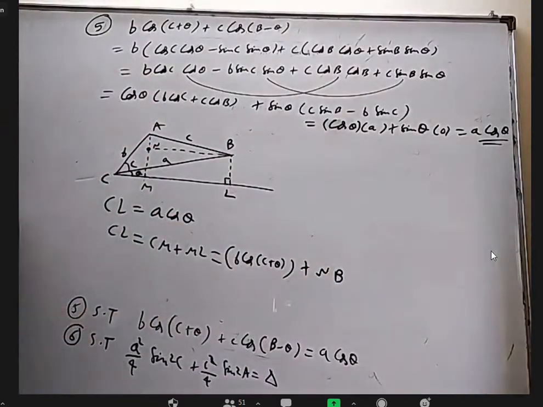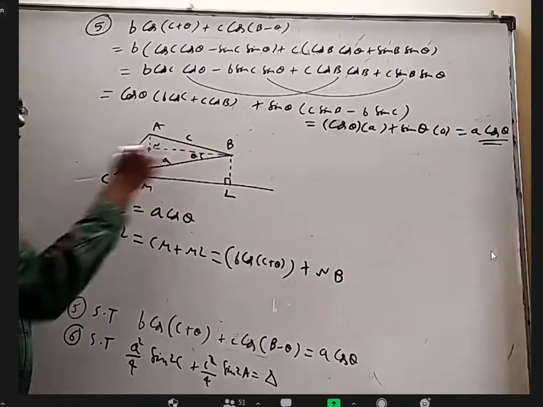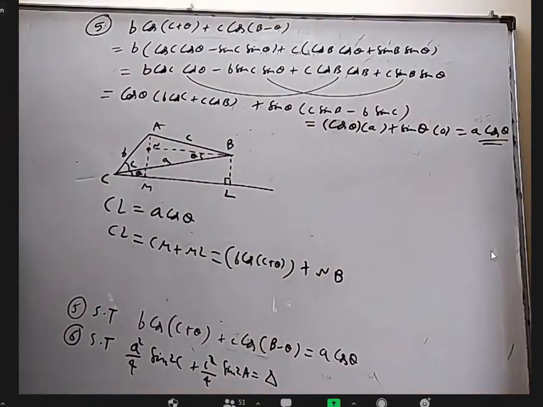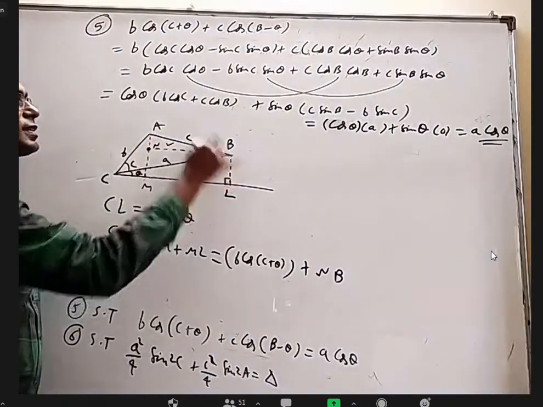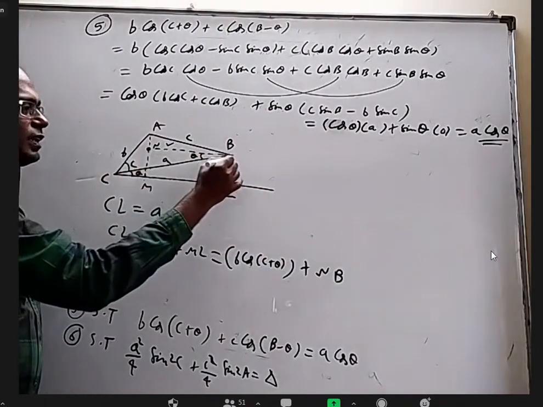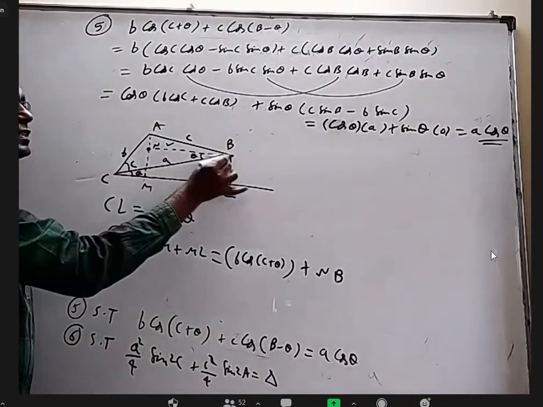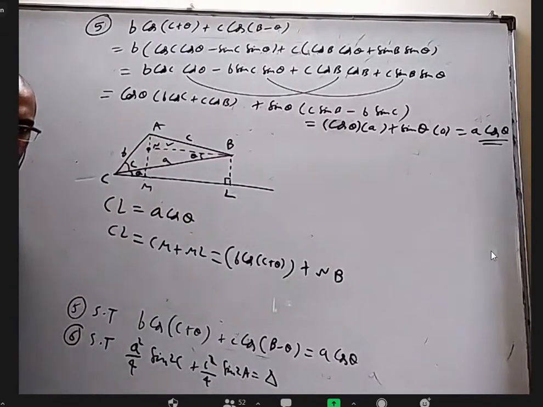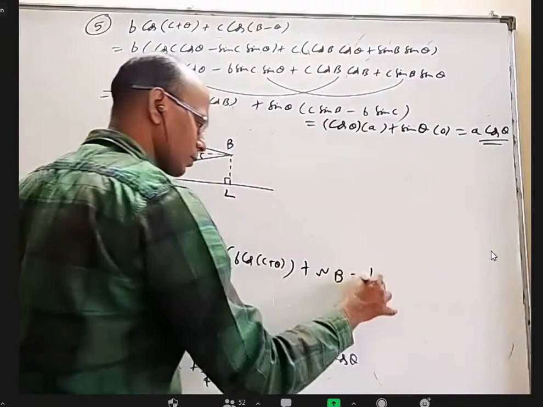If this angle is theta, even this is also theta, alternate interior angles, because I have drawn a horizontal line. Now from this small right angle triangle, anybody want to tell what is NB length? Hypotenuse is c.